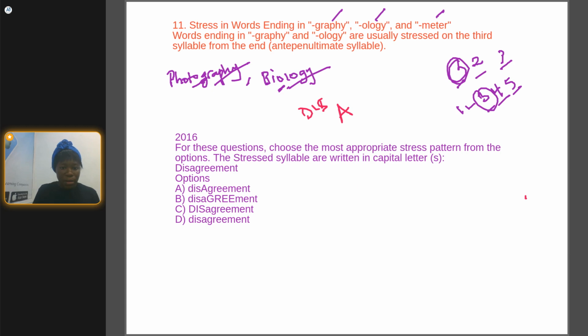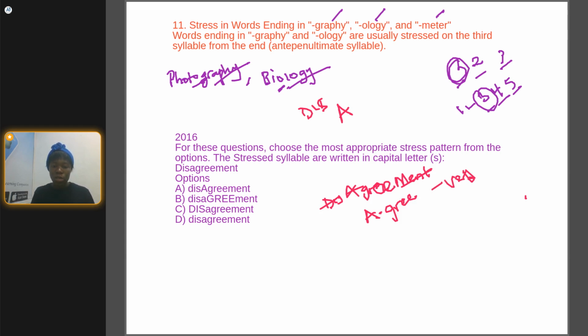So agree is the root word. Already we eliminated dis because it cannot be the stressed syllable. We eliminated meant because meant cannot be the stressed syllable. So we have agree, and agree is a two-syllable word that is a verb, and verbs that are two-syllable words always have the stress on the second syllable.